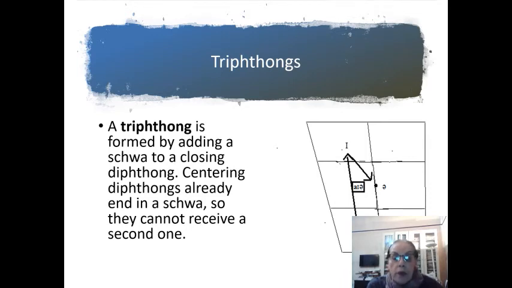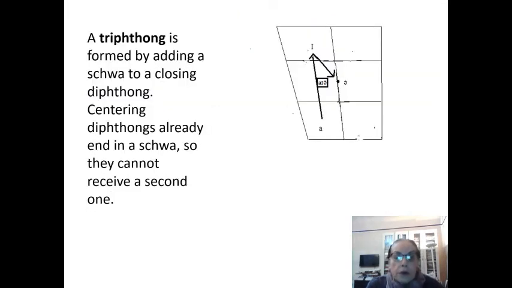A triphthong is formed by adding a schwa to a closing diphthong. Centering diphthongs already end in a schwa, so we can't use them. All right, a triphthong is formed by adding a schwa to already as we have seen.